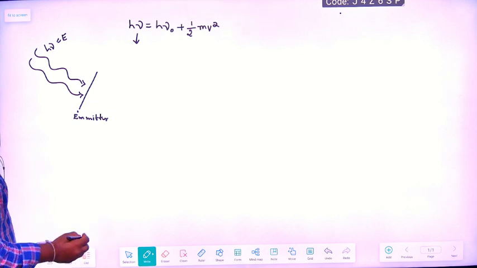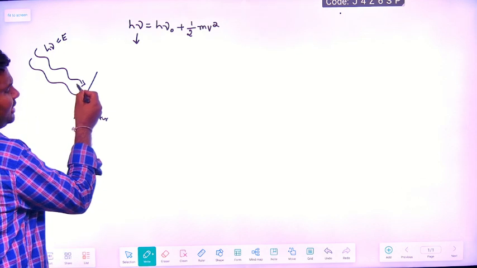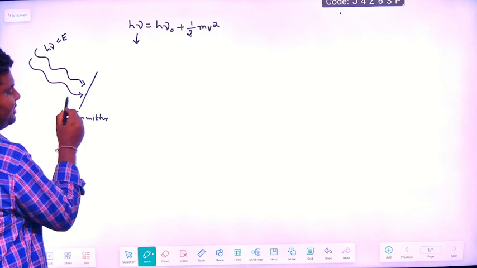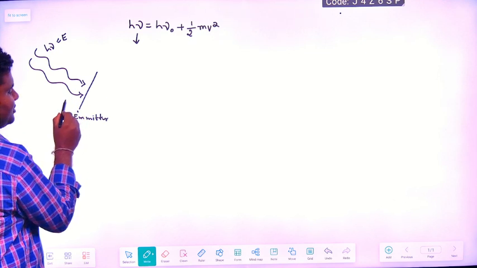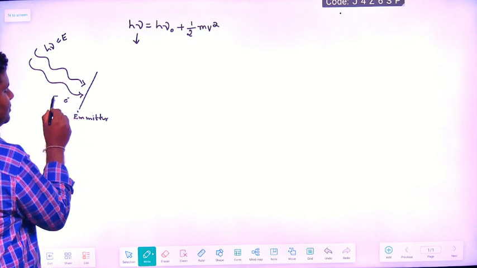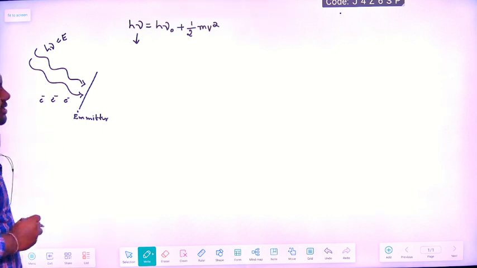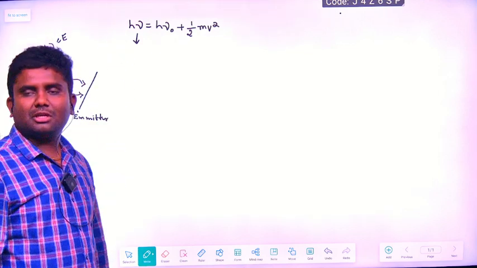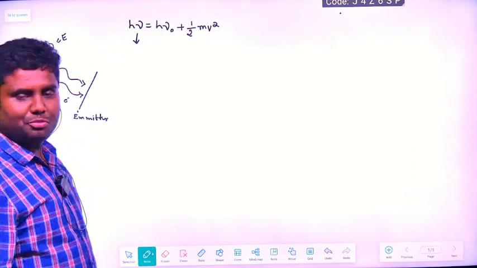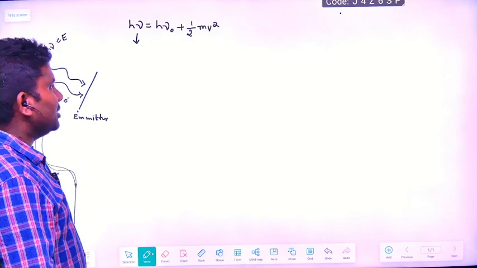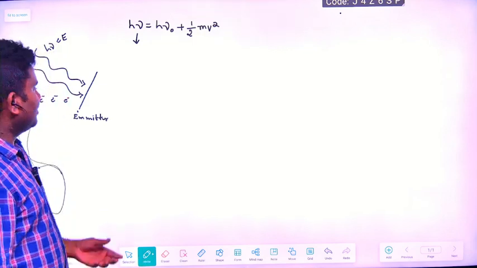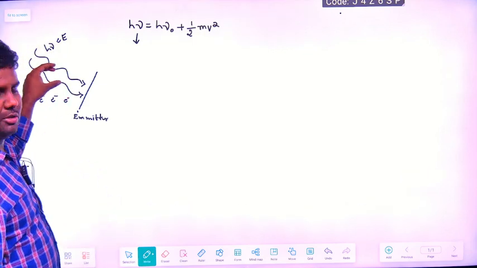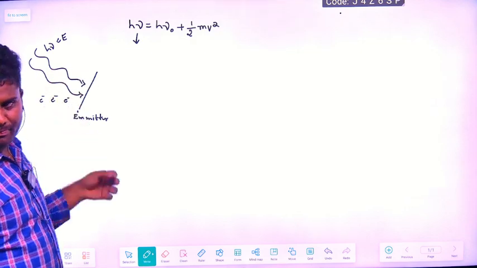Now, as the light rays are incident on the metal surface, what happens? The electrons will come out. Why are electrons coming out? Because the energy incident on the metal surface, which is h mu, is used, and even the momentum.